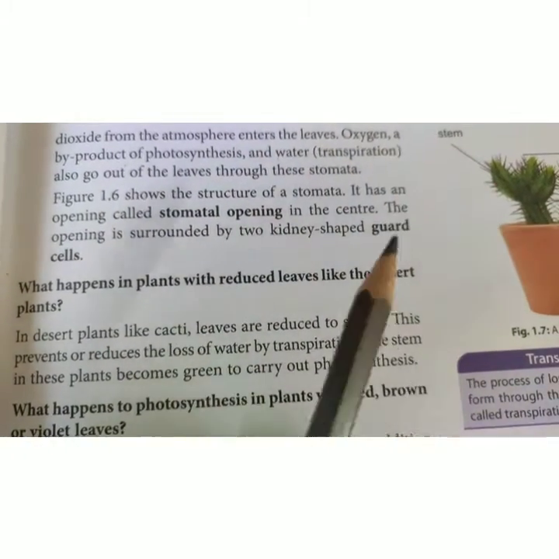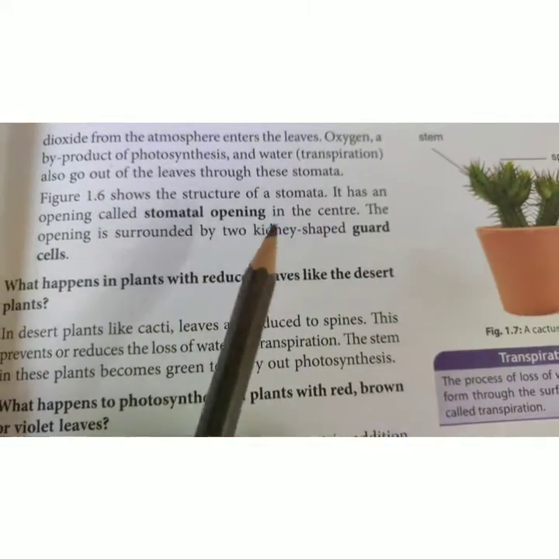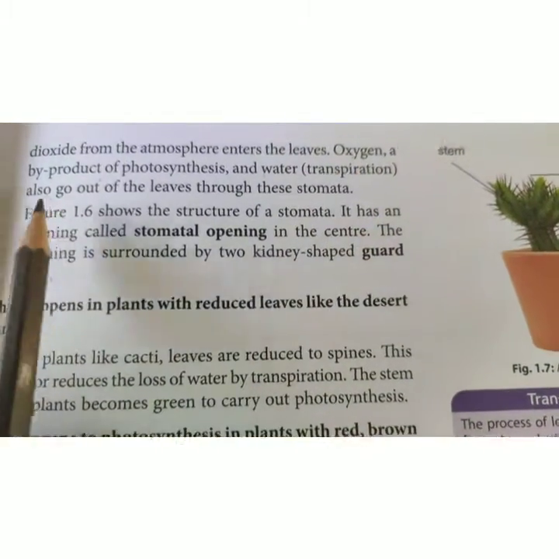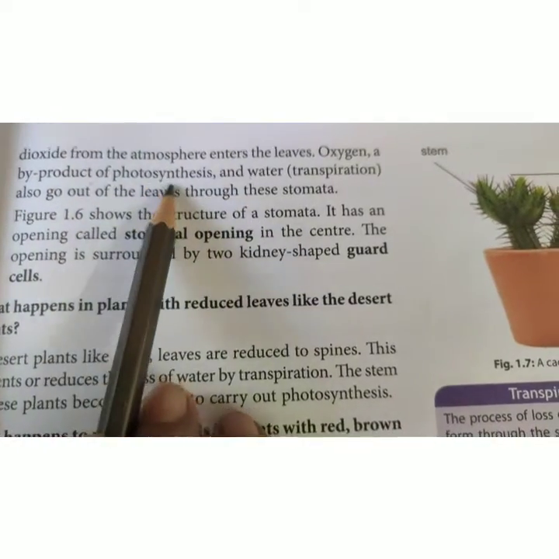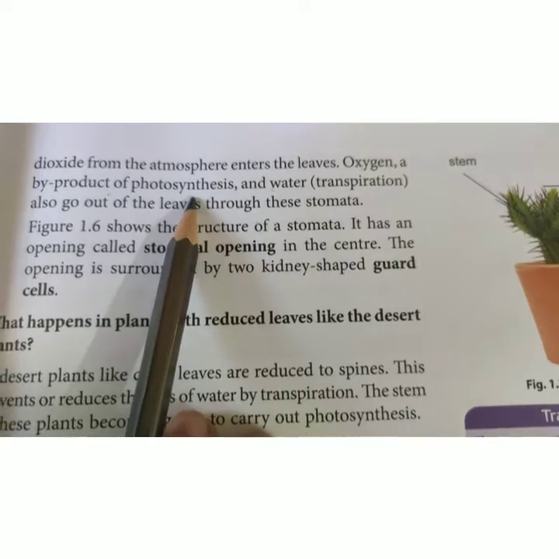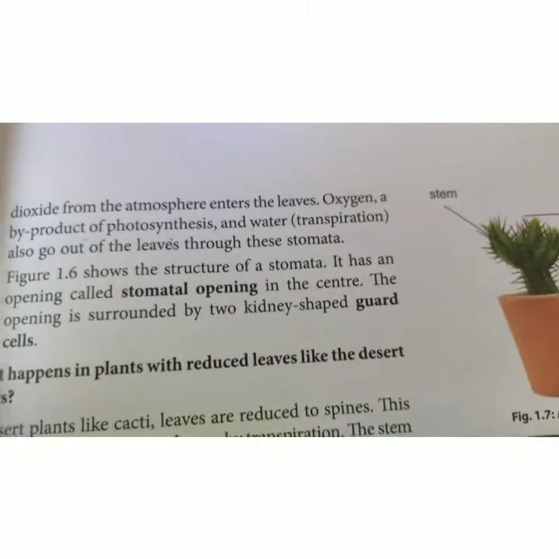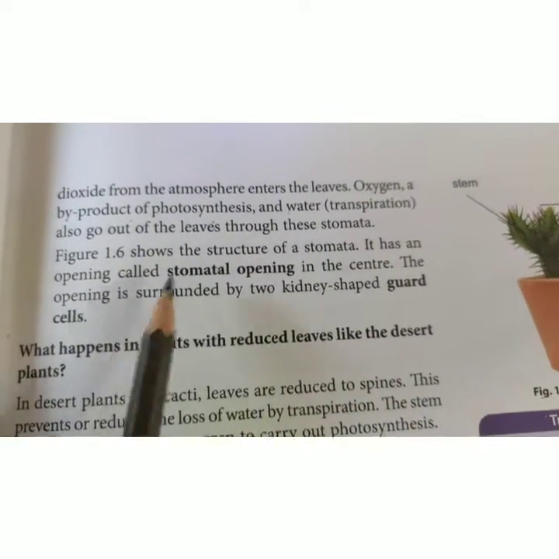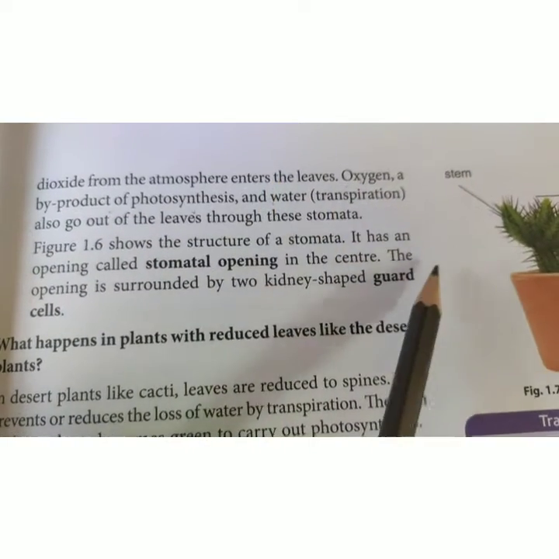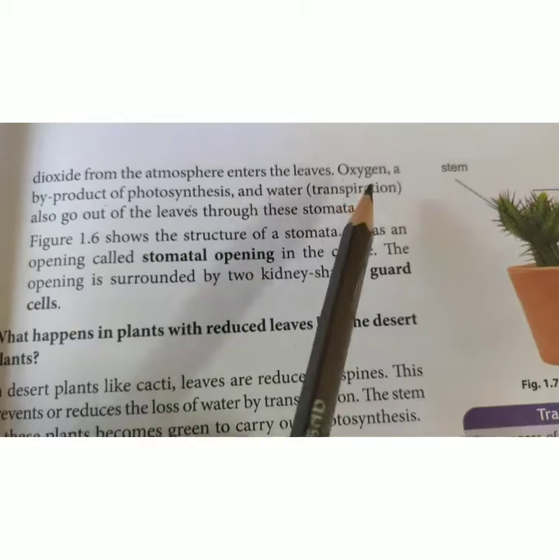Now I have told you guard cells, but what is stomata? Let me explain first. Oxygen is a byproduct of photosynthesis. A byproduct means something which we get after a certain reaction has been carried on. So we get oxygen when the photosynthesis process has been carried out.